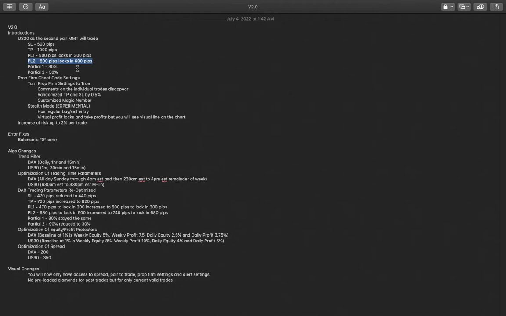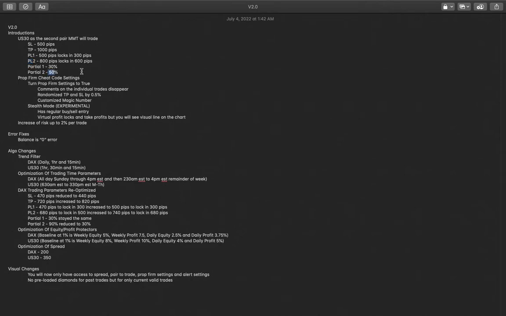All right. Partial 1. So once profit lock 1 is locked in, partial 1 will take 30% partials. So if you have a standard lot, it will close out 0.3 of your standard lot and you'll have 0.70 still running and your stop loss will be in profit. And then once it gets to profit lock 2, of that 0.70 that's left over, it will take 50% of that.